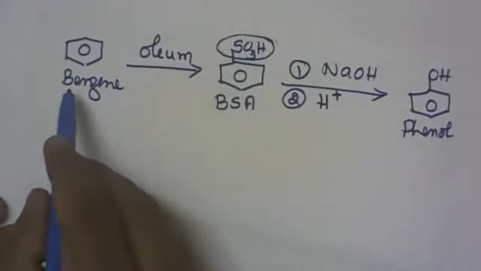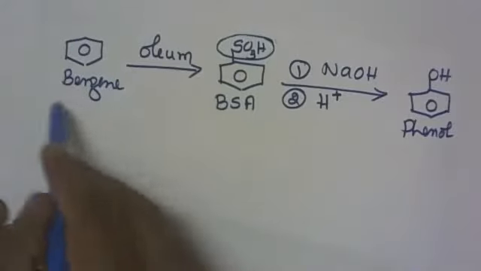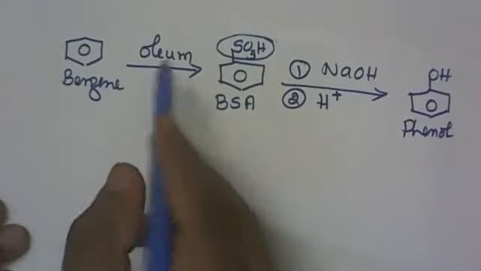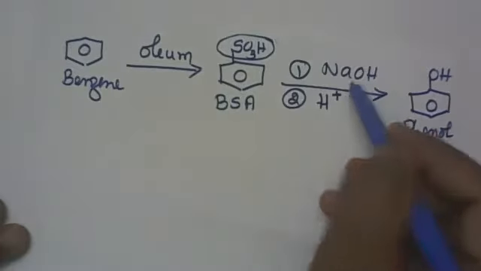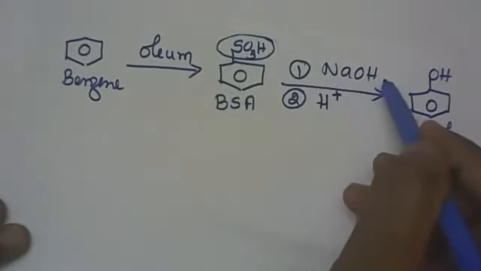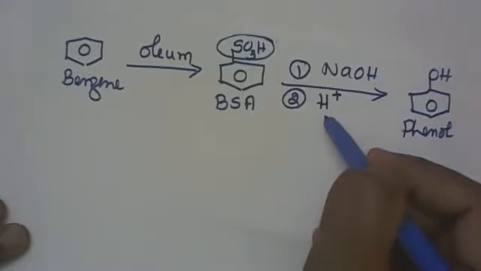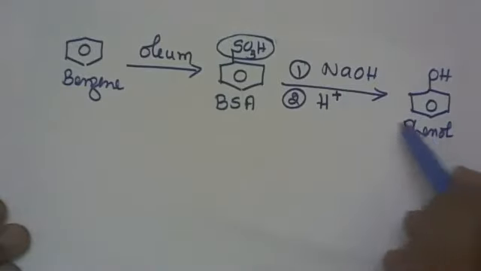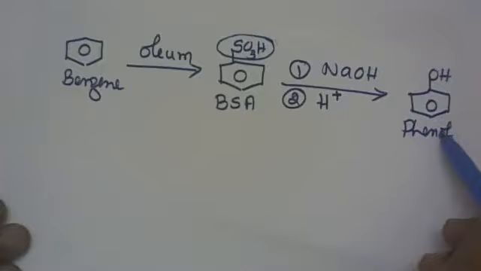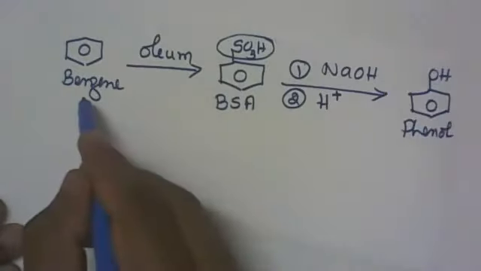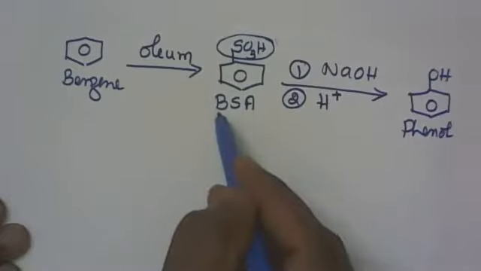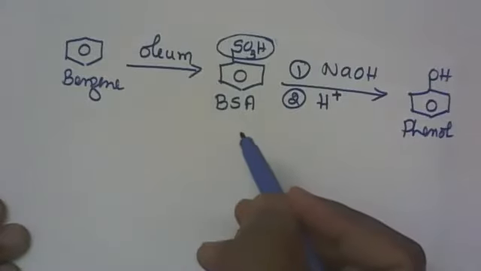So I will write this statement for this: benzene reacts with the oleum to give benzene sulfonic acid, followed by reaction with sodium hydroxide, and acidification gives phenol. This is the second method, using benzene, then converting into benzene sulfonic acid.